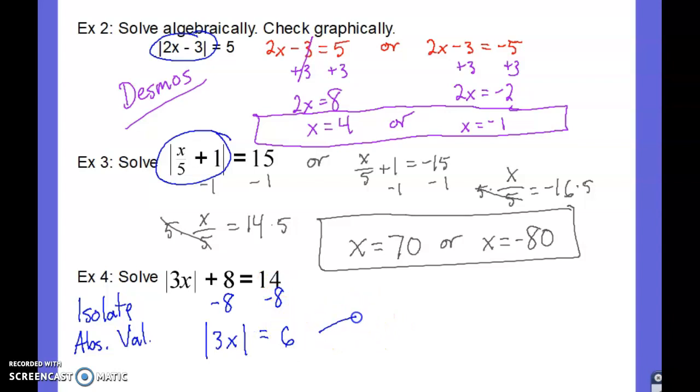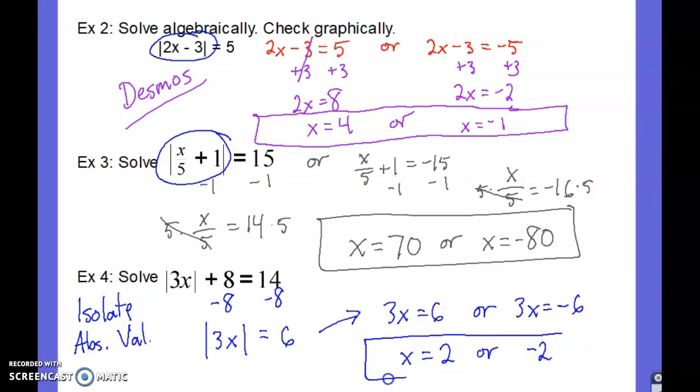So what we have, let me just write it over here, is 3x could equal 6, or 3x could equal negative 6. I forgot to write negative though. And now when you divide by 3, you get 2 or negative 2. There you go. Again, pause the video as I go if you need to write anything down.